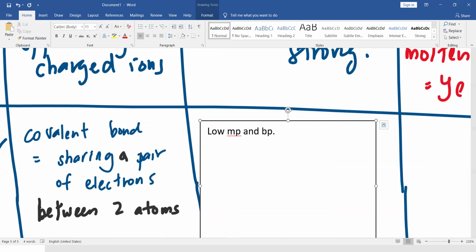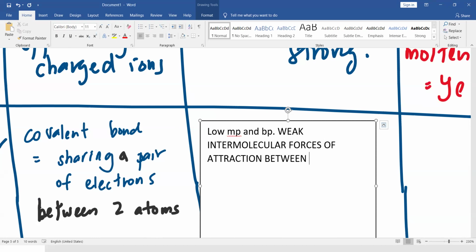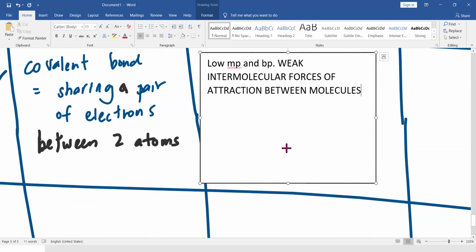Why? Because there are weak intermolecular forces of attraction between molecules. So it's weak intermolecular.